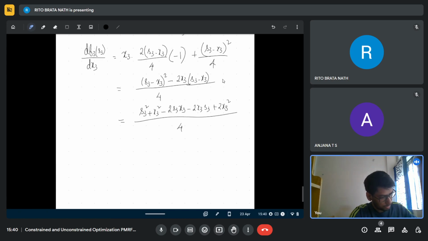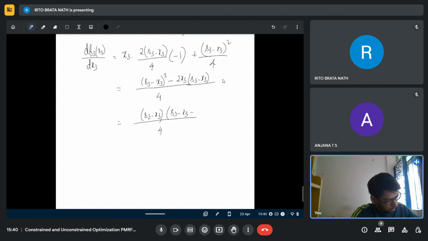Or let me not do it this way. Instead of expanding, let me take s3 minus x3 as common. This becomes minus 2x3.